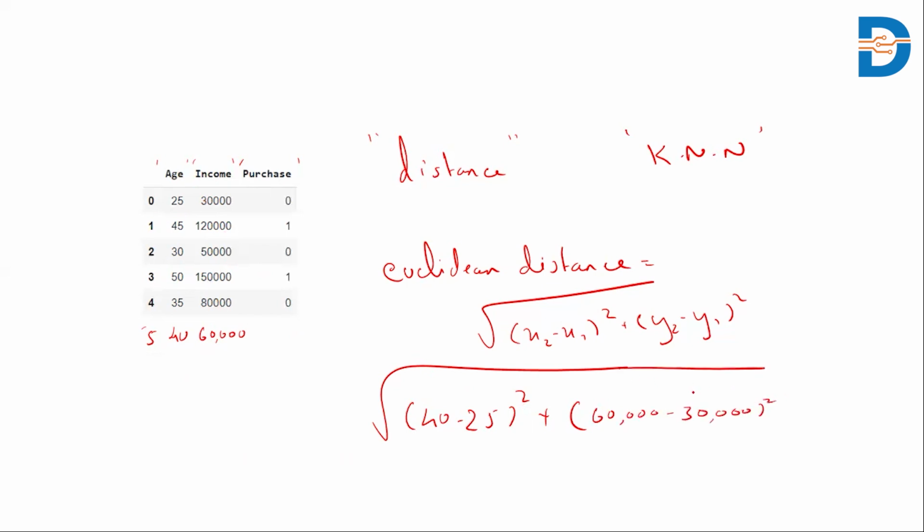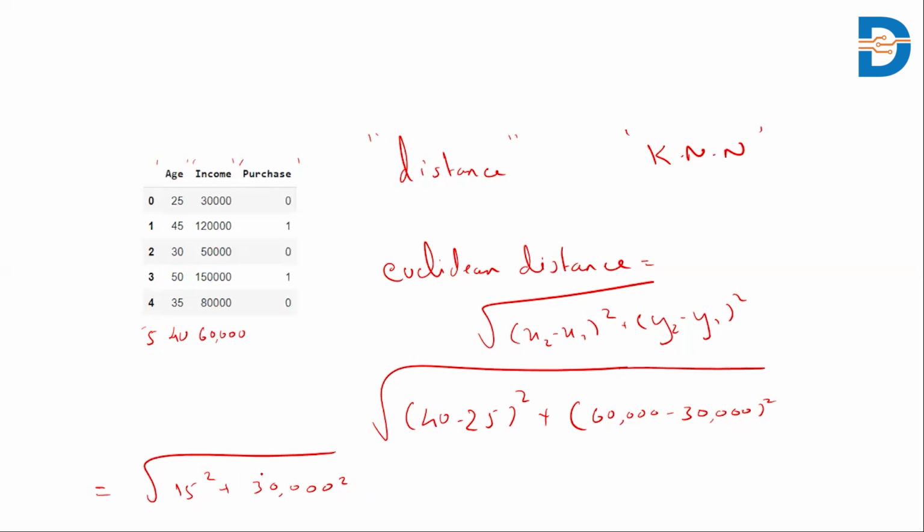And this, if I break it down further, is going to be 15 square plus 30,000 square. Now, I'm not going to calculate this for you because the problem is going to be evident just from this state here.